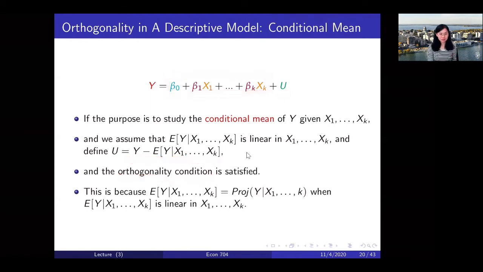The reason is when the conditional mean is linear, conditional mean equals projection. So in other words, when the conditional mean is linear, this is a conditional mean model, but at the same time is also a projection model. So therefore, for a conditional mean model, the orthogonality condition also is automatically satisfied.